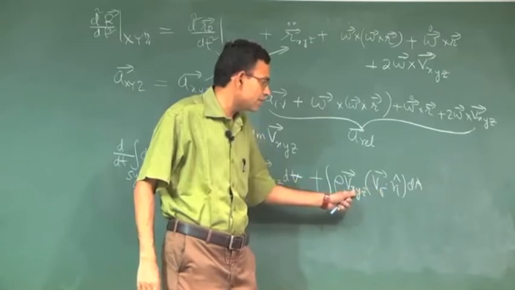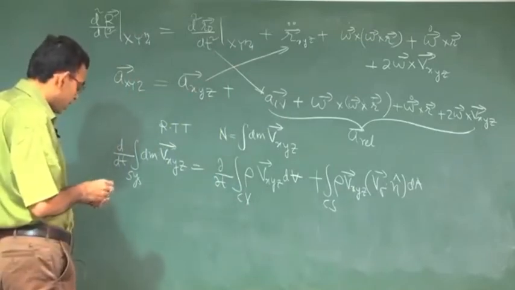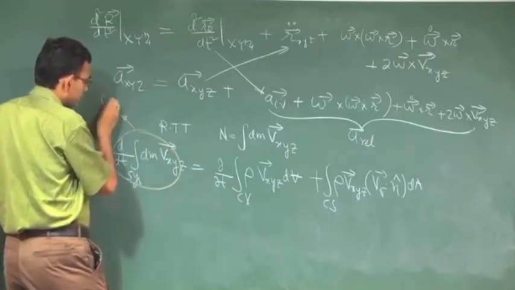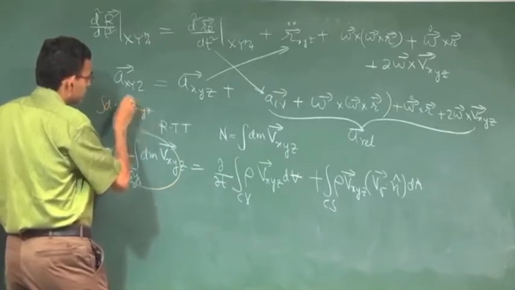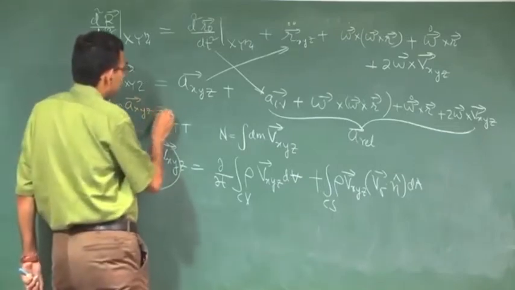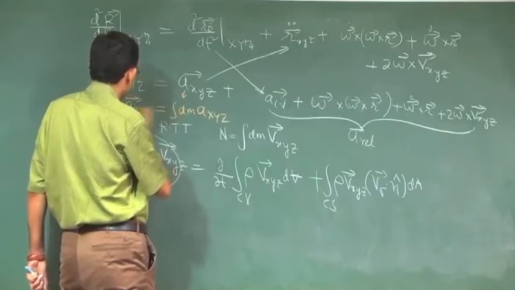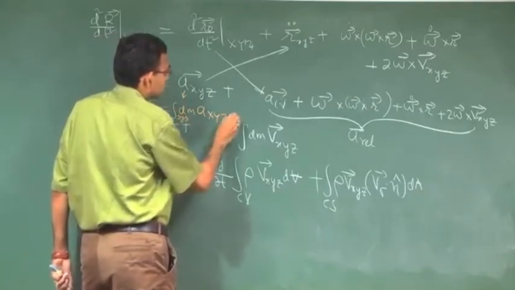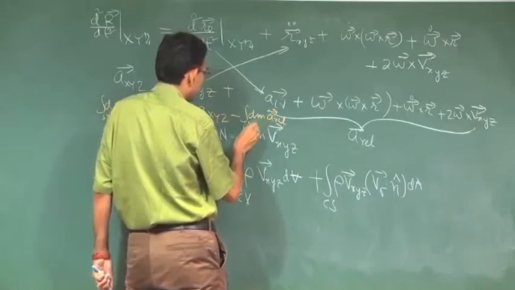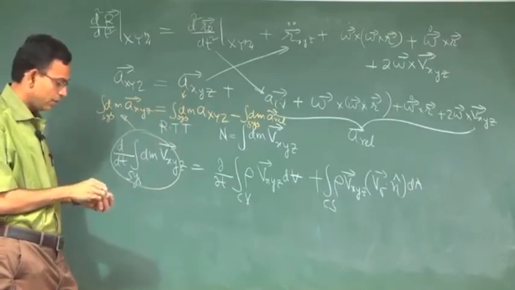This V relative is velocity with respect to small xyz. Now this you can write, and by this it will be, right, just this equation I have written one below the other.